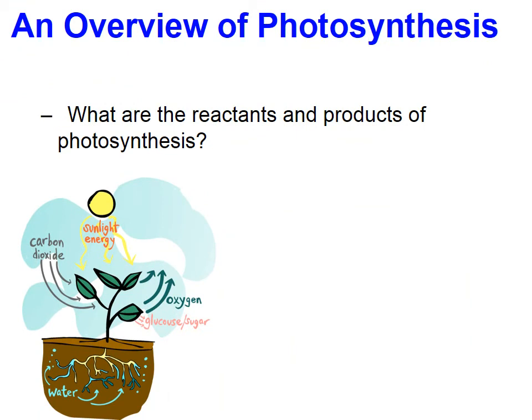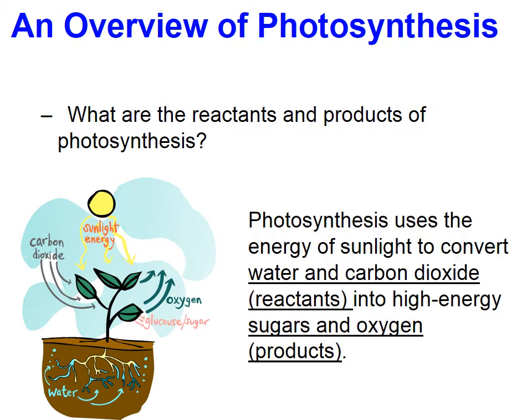So what are the reactants and products of photosynthesis? This is the overall look. The reactants are water and carbon dioxide, that's what's taken in. And then the products are going to be sugar and oxygen. And sugar, we're talking about carbohydrates.